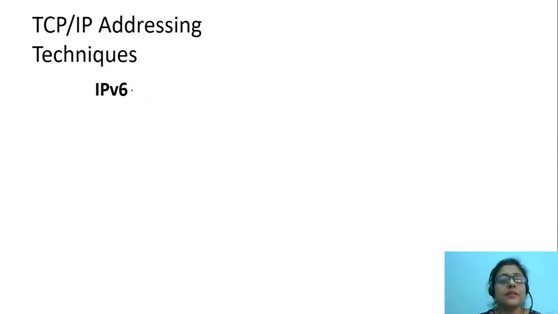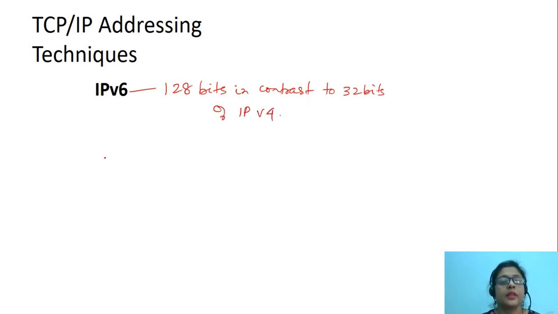IPv6 has 128 bits in contrast to 32 bits of IP version 4. They are represented in hexadecimal numbers.